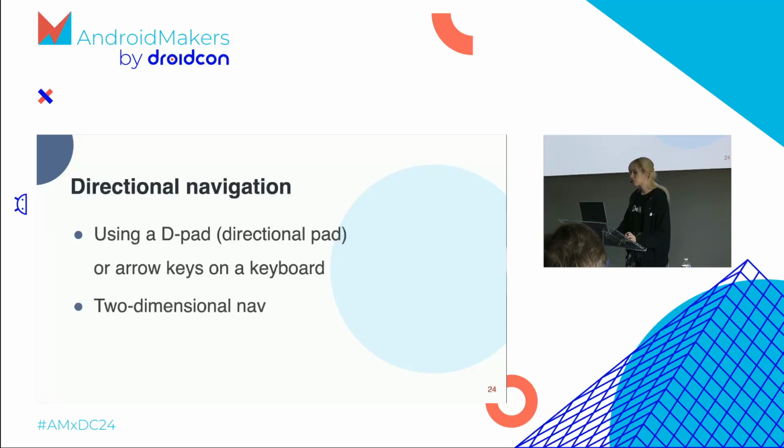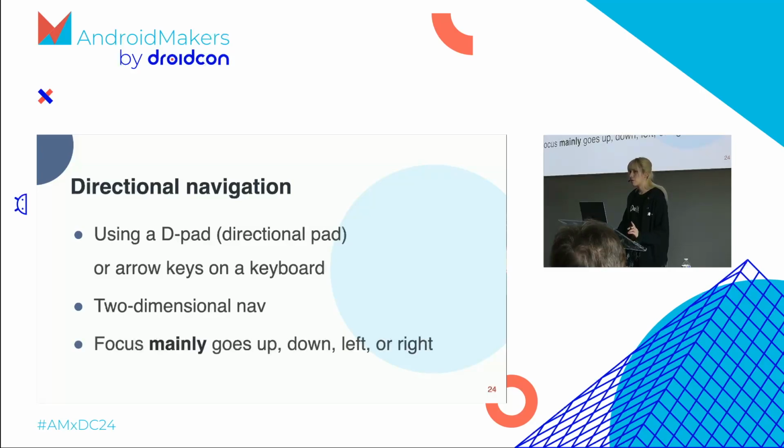It's also called two-dimensional navigation because the focus mainly goes up, down, left, or right. And I'm saying mainly here because there's a little caveat. Depending on the situation, the focus might in fact jump to much further places. For example, when you're using the back button or the middle button on the controller, the focus will jump to some other element that's not right next to the one currently being selected.